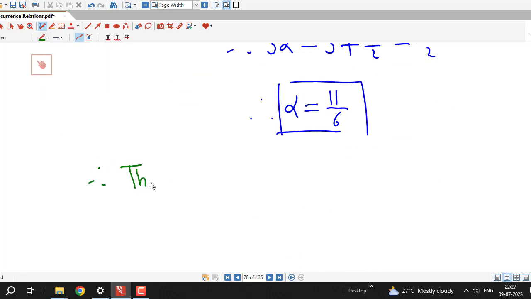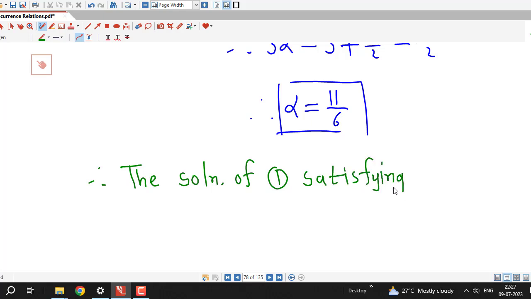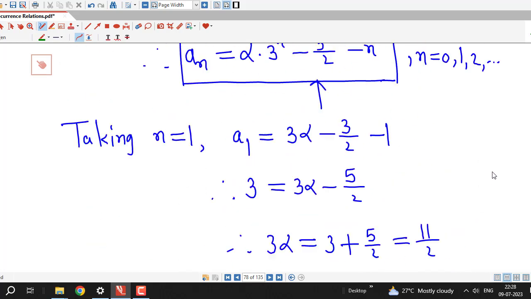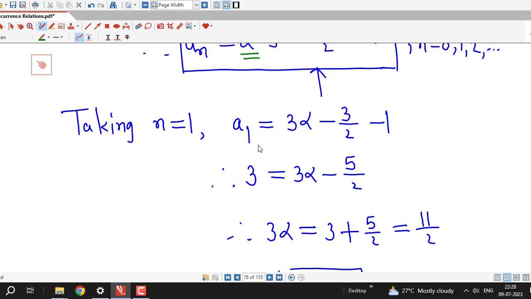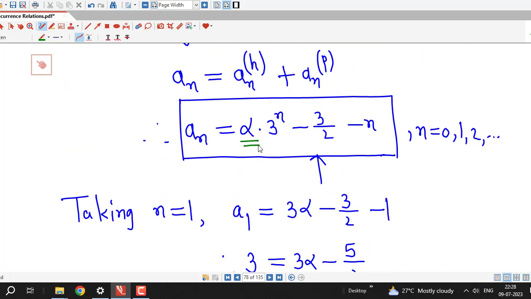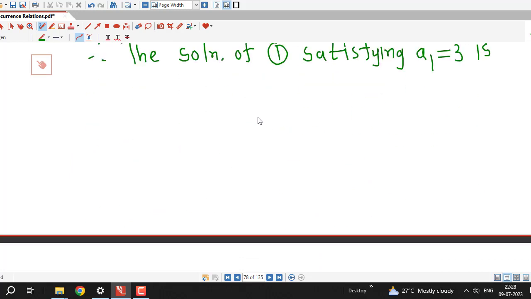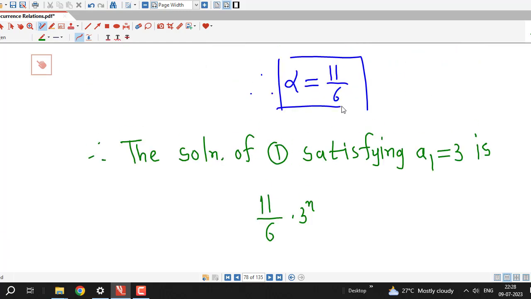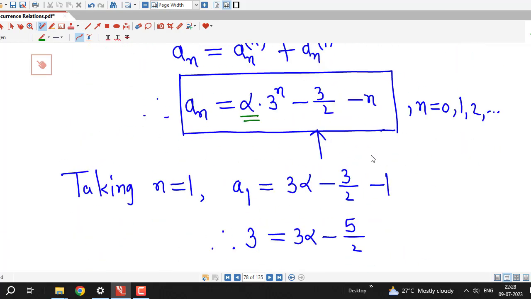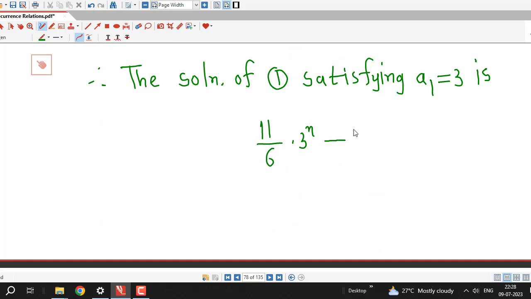Therefore the solution of the given recurrence relation satisfying the given initial condition, a1 equal to 3, is, here I have to put alpha equal to 11 by 6, so 11 by 6 into 3 raised to n, minus 3 by 2 minus n.